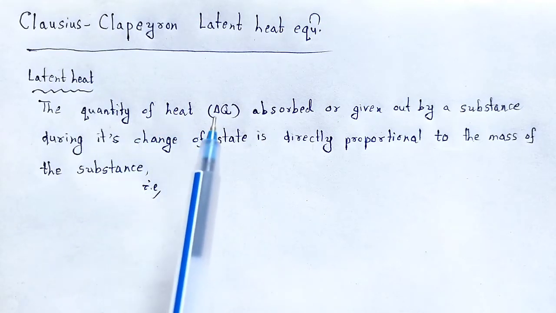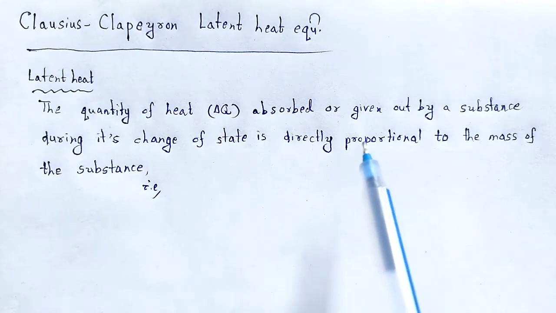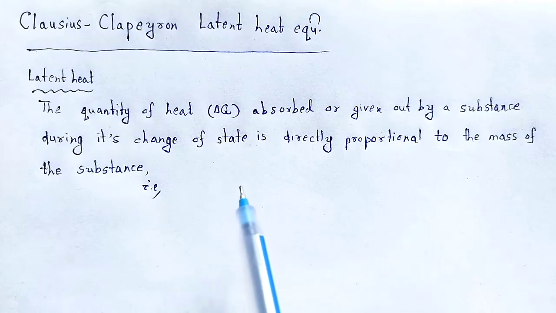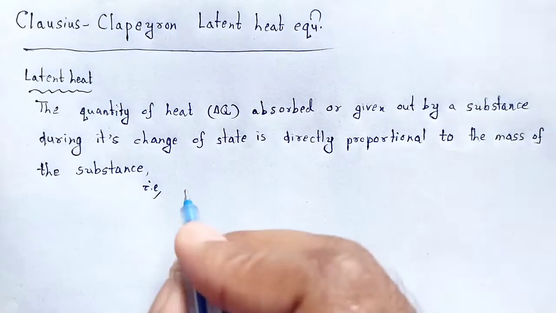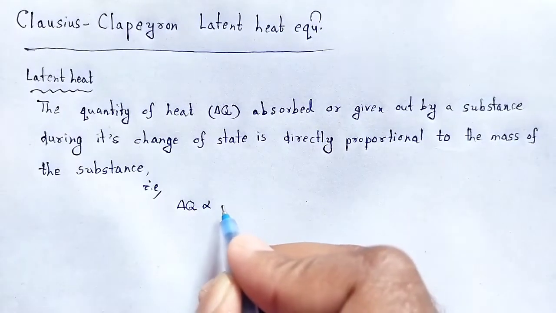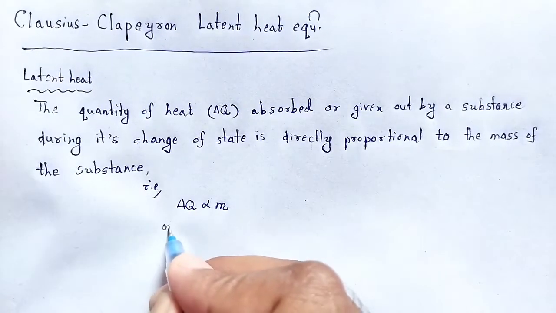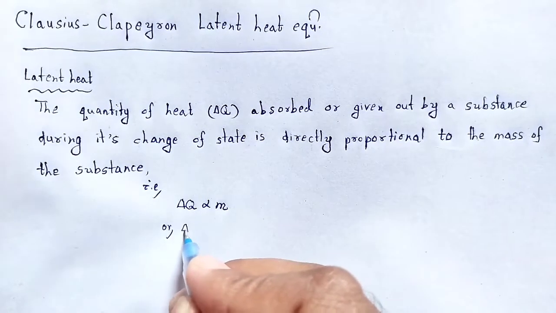The quantity of heat, let del Q, absorbed or given out by a substance during its change of state is directly proportional to the mass of the substance. Means del Q is directly proportional to the mass m, or to remove that proportionality we use a proportionality constant.